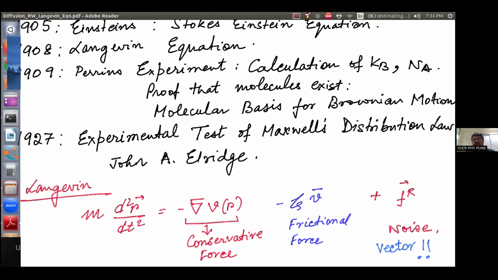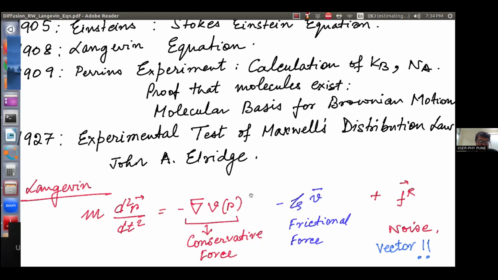Here you have multiple collisions, and you know that the particle is moving randomly. So the effect of molecular collisions is taken care of, over and above the conservative force and the frictional force, by a random force, Fr. Now note that I have given a vector sign.